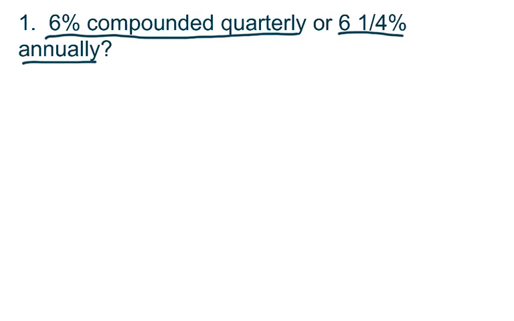We can use any amount, and I'm going to use this hint which was given to me. I'll try 10,000. You could try 1,000, 100, or 100,000. Let's just use 10,000 for both of them and see which yields the larger amount.